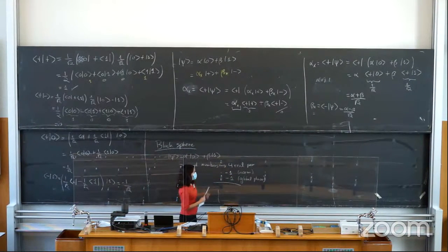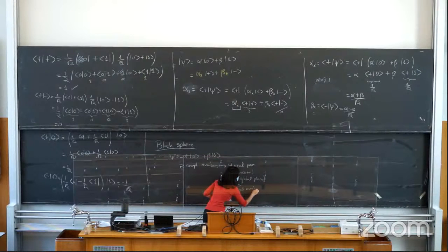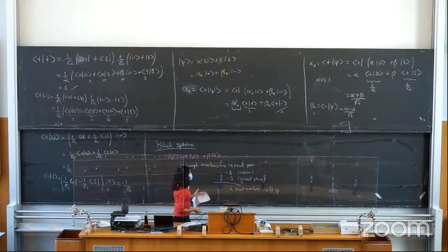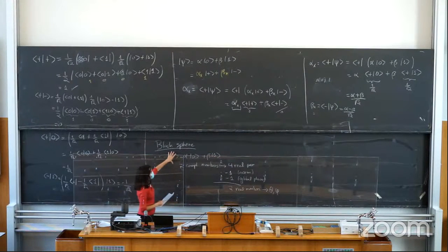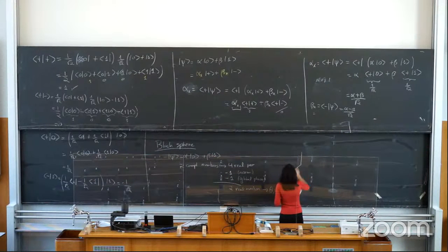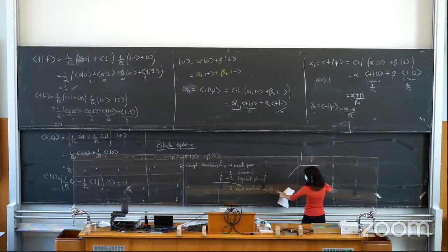So then we're left with only 2 parameters, 2 real numbers. And it's like, okay, if you have 2 real numbers, then let's encode them as 2 angles. So theta and phi. And now this means we can encode any qubit via these two real numbers.